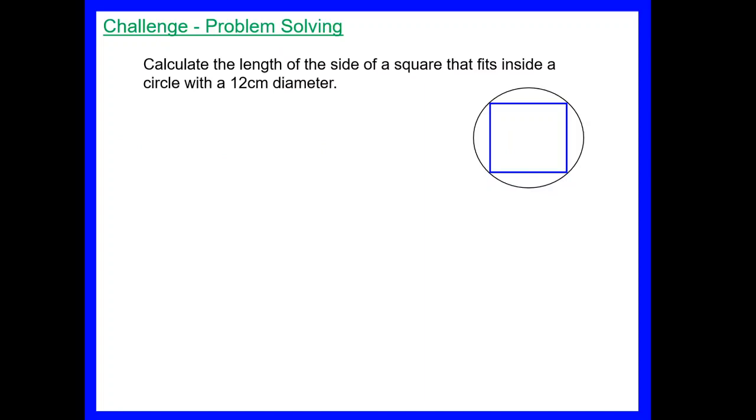Okay, finally then today, we're going to do our challenge questions. So we've got some problem solving this time. We're asked to calculate the length of the side of a square that fits inside a circle with a diameter of 12 centimeters. Pause the video, see if you can have a go yourself first.